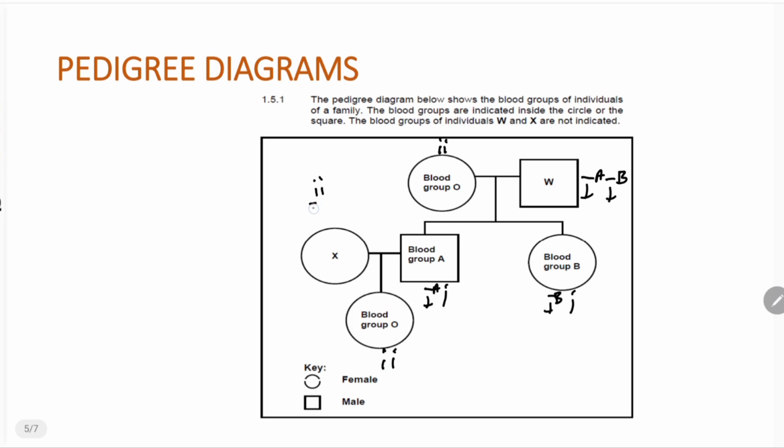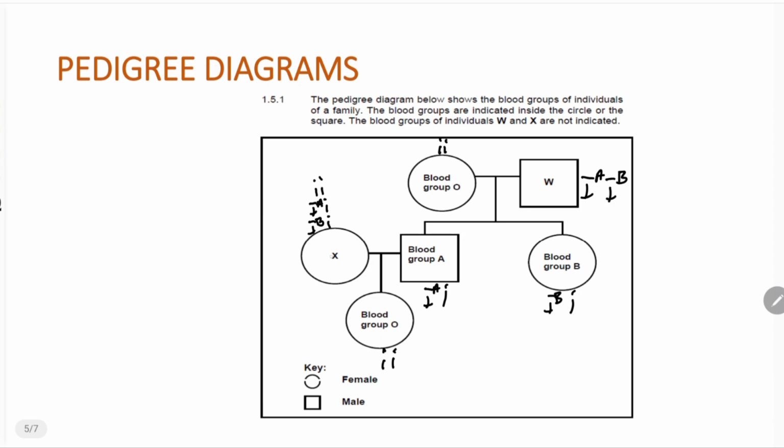But individual number X may also be heterozygous for blood group A. If individual number X is heterozygous for blood group A, it is still possible for individual number X to contribute the recessive allele small letter i to this individual. But again, individual number X may also be heterozygous for blood group B. If this person is heterozygous for blood group B, it is still possible for her to contribute the small letter i to this individual.